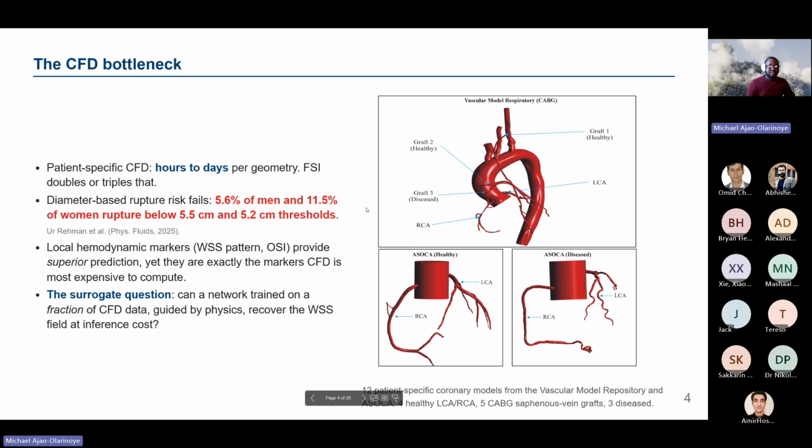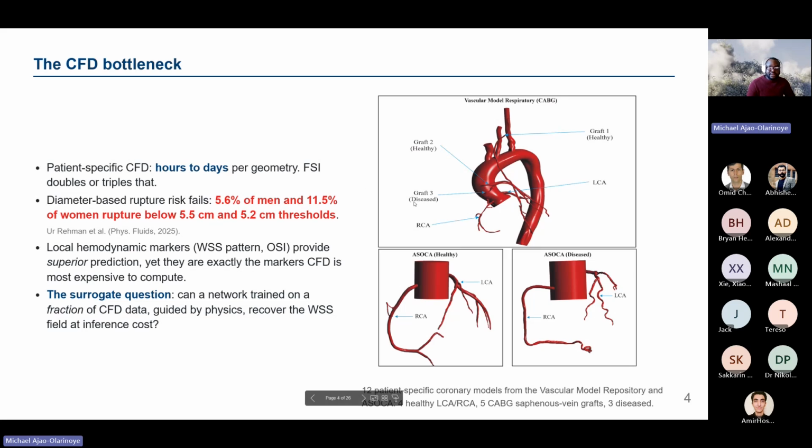Another example is diameter-based rupture risk failures. It occurs at about 5.6 in men and 11.6 in women. So the diameter of most of the vessels matters a lot, and some usually fall below 5.5 and 5.2 centimeters in terms of the threshold.